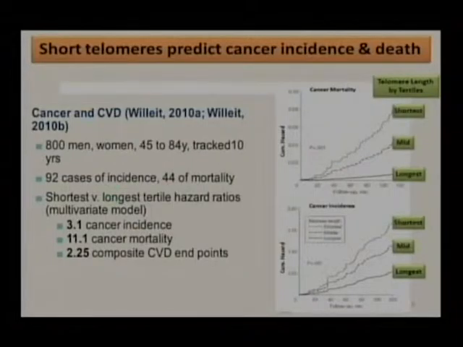So this was a big study in an Italian cohort of cancer and cardiovascular disease risk, 800 men and women, 45 to 84 years old, tracked for 10 years. And the individuals that were in the longest tertile of telomere length were the reference range, and the cumulative hazard ratios for outcomes were plotted as a function of time for this population.